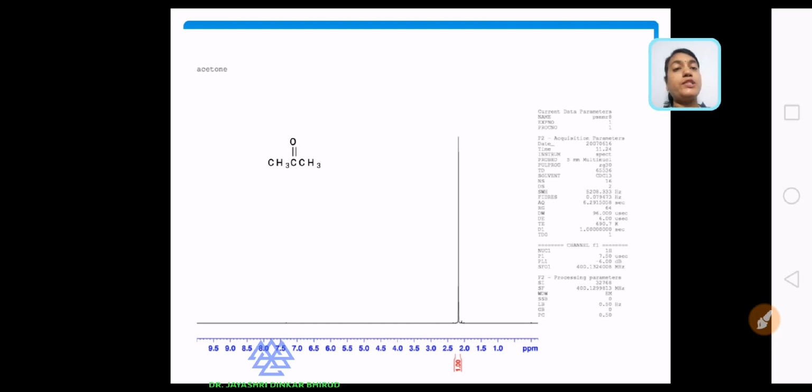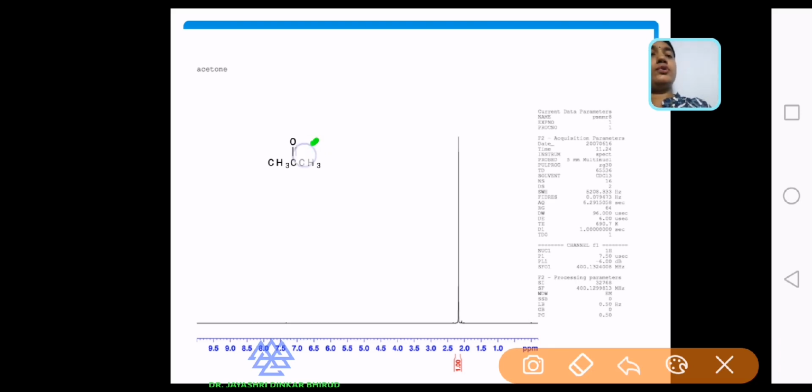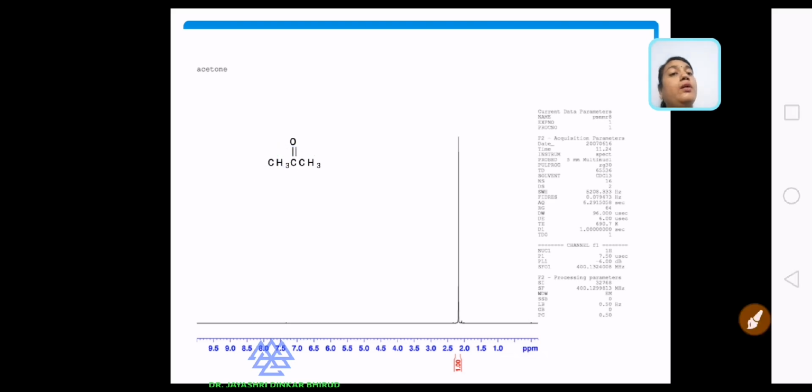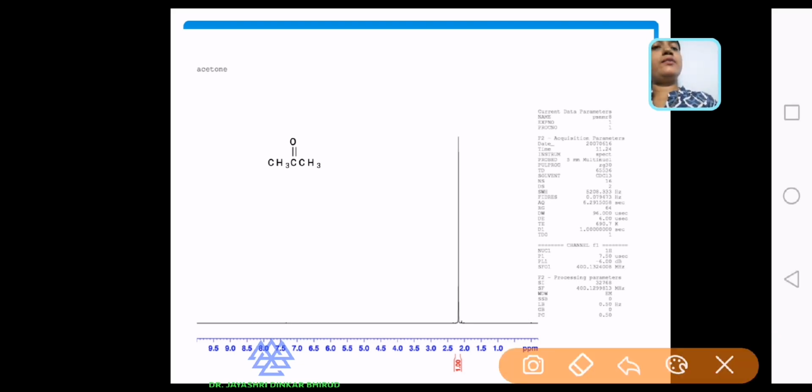This acetone contains two CH3 groups, but these two CH3 groups are attached to the C double bond O group. Therefore, both the CH3 are in the same chemical environment and no other type of proton is present. Therefore, the total number of signals in acetone is 1 only. So the NMR spectrum gives 1 signal.